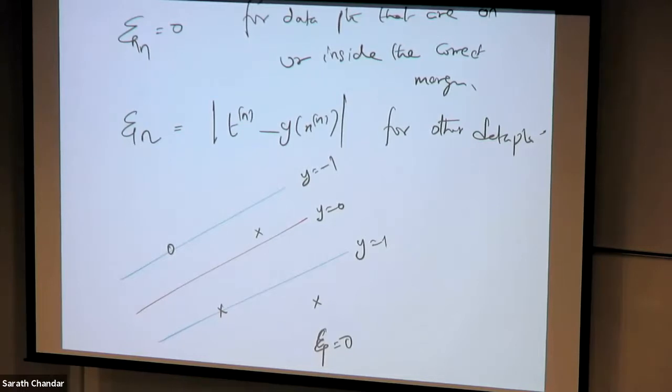This is also epsilon equal to 0. Your epsilon for a data point is 0 as long as the data point is in or within the margin. Now the moment it goes outside the margin, you're going to get some positive epsilon. Now for the epsilon in this case, for example, there is a data point here.